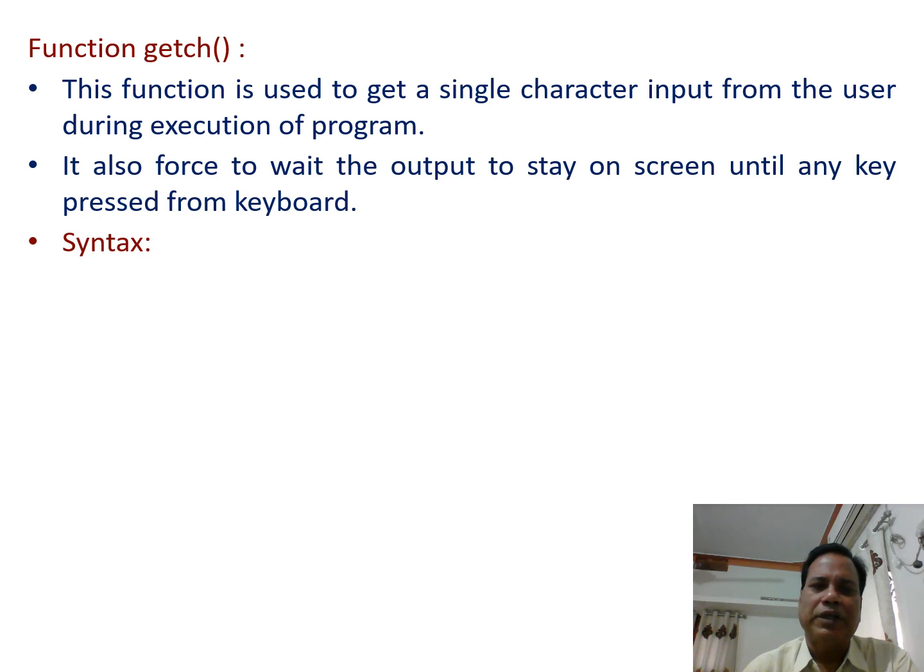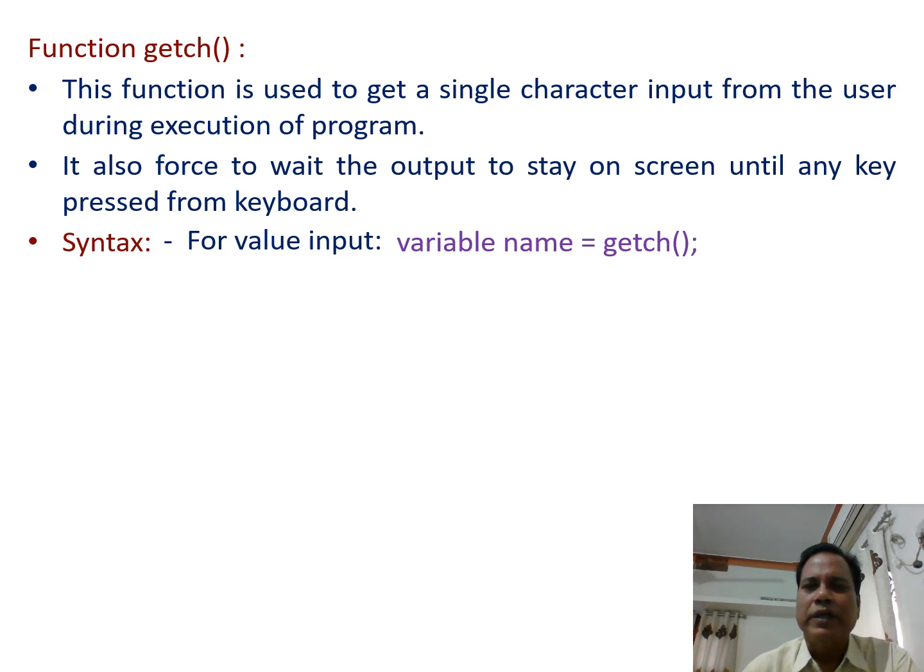Let us see the syntax. For value input, whenever we want to get a value in, the syntax is: variable name, assignment operator, and on the right side of the assignment operator, we write the name of the function getch, open and close parenthesis, then semicolon.